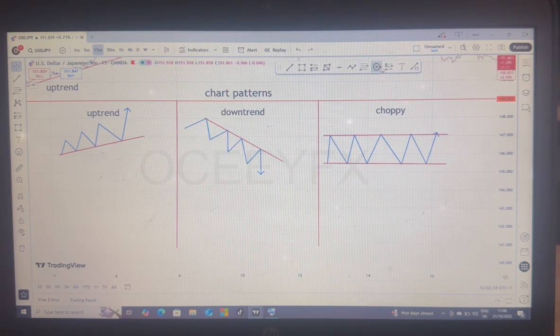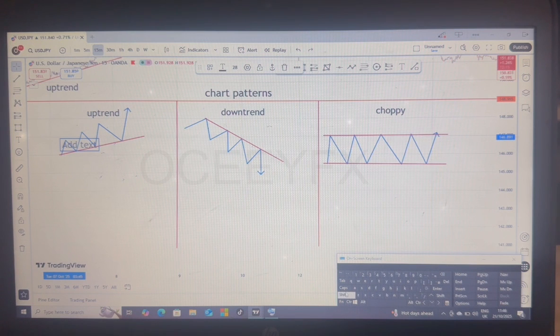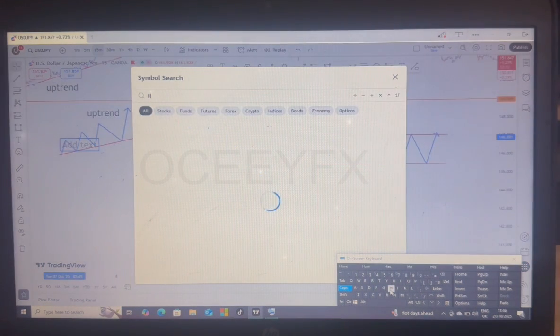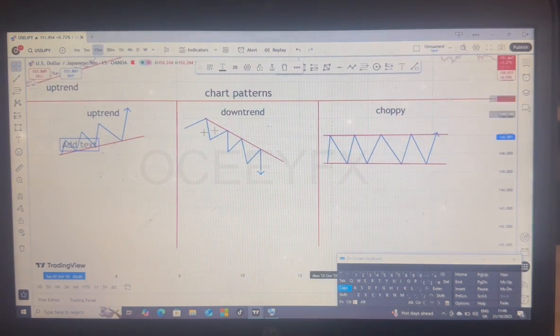Let me indicate that so we don't get confused. We have the higher high. Let me reduce the text.